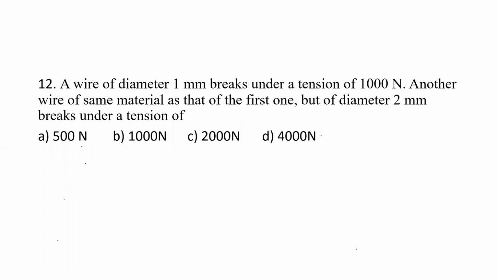So here we need to calculate the tension, which is nothing but the force acting. They have given when the diameter is 1 millimeter, the tension is given as 1000 Newton. When the diameter becomes 2 millimeter, what is the force?